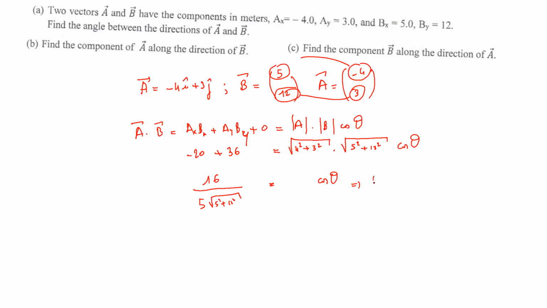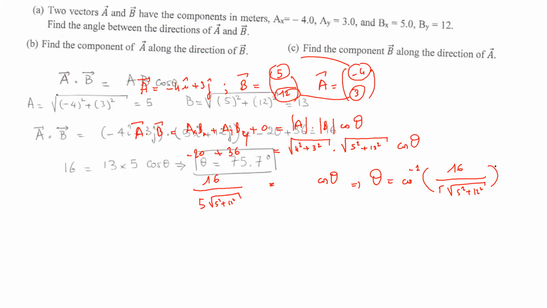Okay, that means that theta is the inverse cosine of this number, 16 divided by 5 times the square root of 5 squared plus 12 squared. So when you do the calculation, how much do you get? You get 75.7. Okay, good.